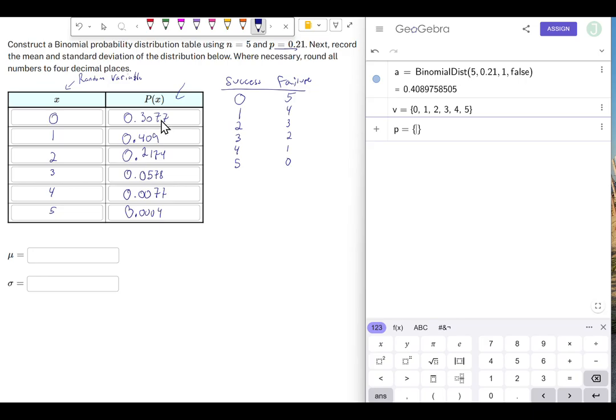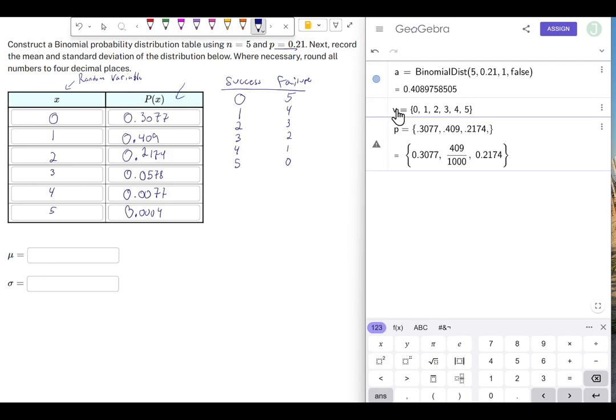And here's where we would put in the probabilities. So 0.3077, comma, 0.409, comma, 0.2174, comma, and I'm just putting in the probabilities from the table corresponding with each of the variable values.